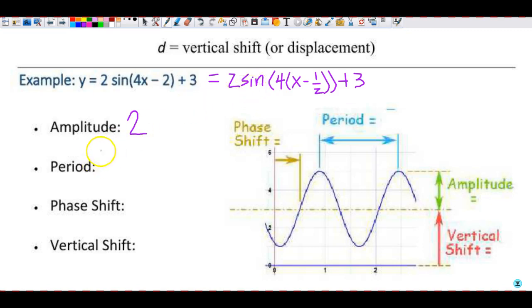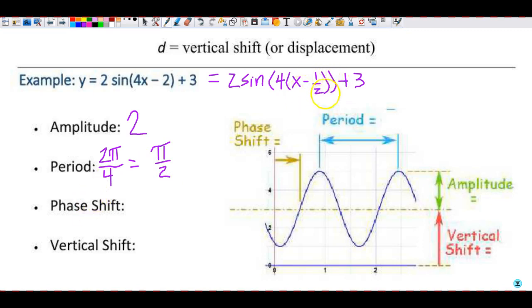So my normal period for sine is 2 pi. I'm going to divide that by the absolute value of B, because remember, if this is a negative, that's going to be a reflection in the y-axis. It doesn't have anything to do with the period itself. I take that and I divide it by 4. So 2 pi over 4 is just pi halves for the period.